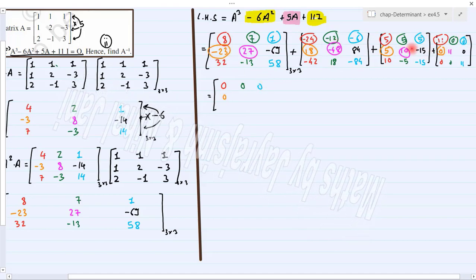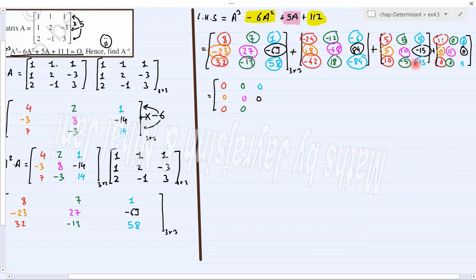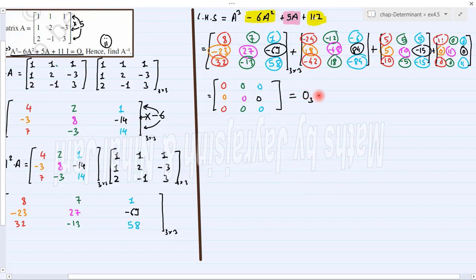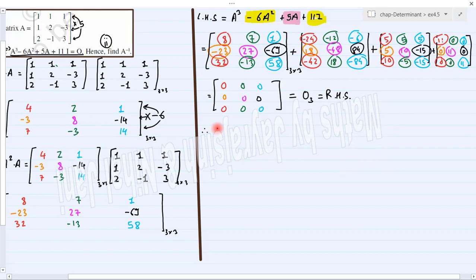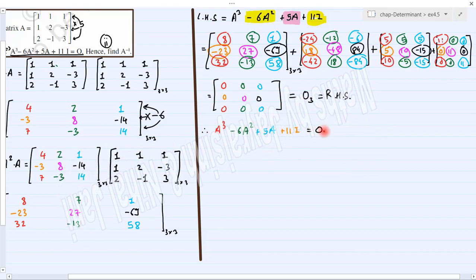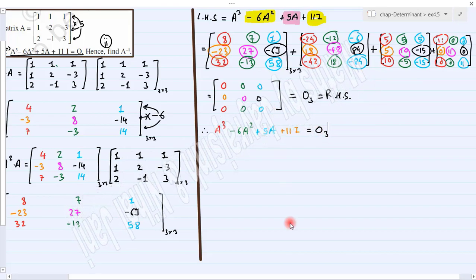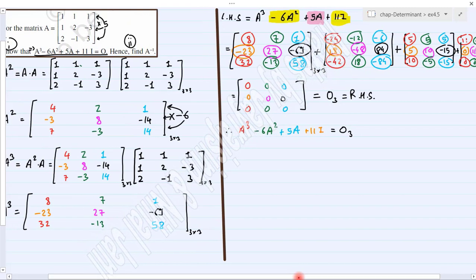Similarly, the rest of the terms will be 0. So we will get 0 matrix on the right hand side. So we can say your left hand side is equal to your right hand side. Hence proved. So we complete our first part of the question.